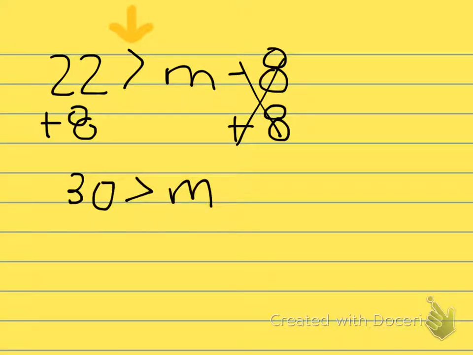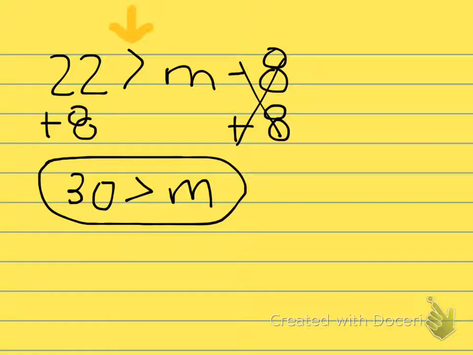Now, the answer is fine written like this, but when you read the answer and use it to graph on a number line, you want to always read from the variable side. So in this case, the variable is on the right, so I have m is less than 30.